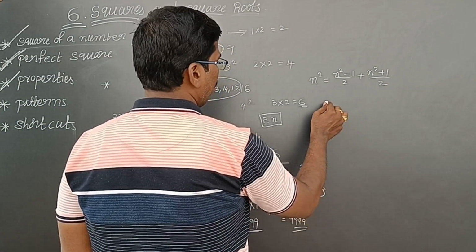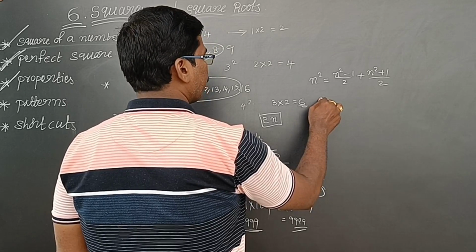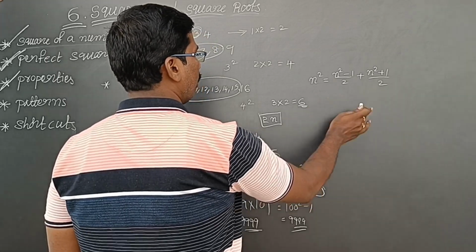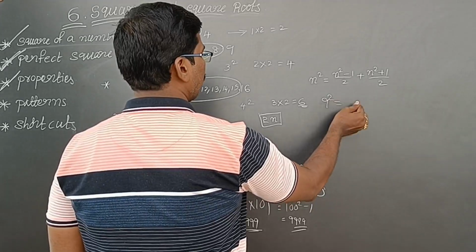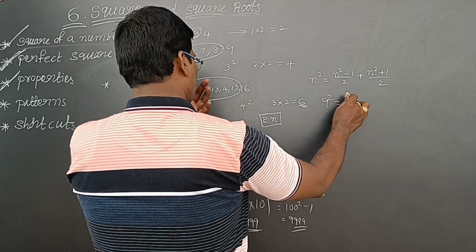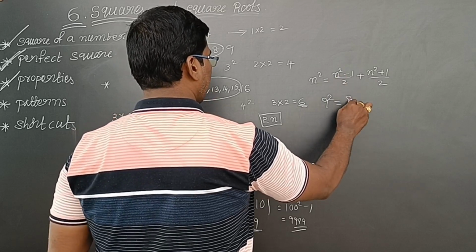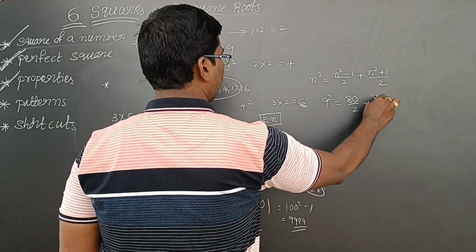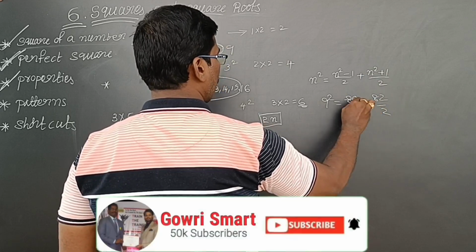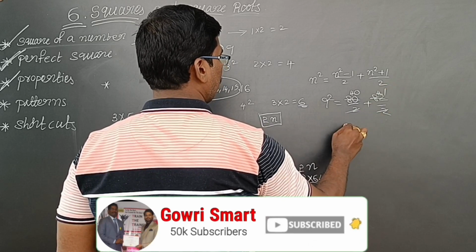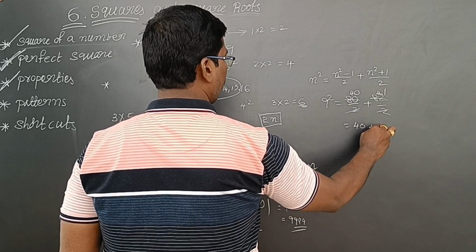For example, take 9 square, an odd number. 9 square means 81. 81 minus 1 means 80 by 2, that is 40, and 82 by 2, that is 41. See here, 40 plus 41.